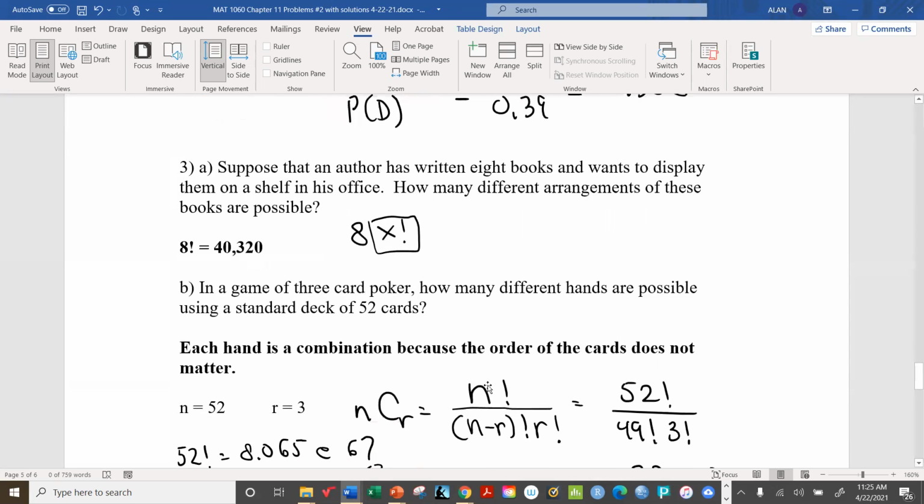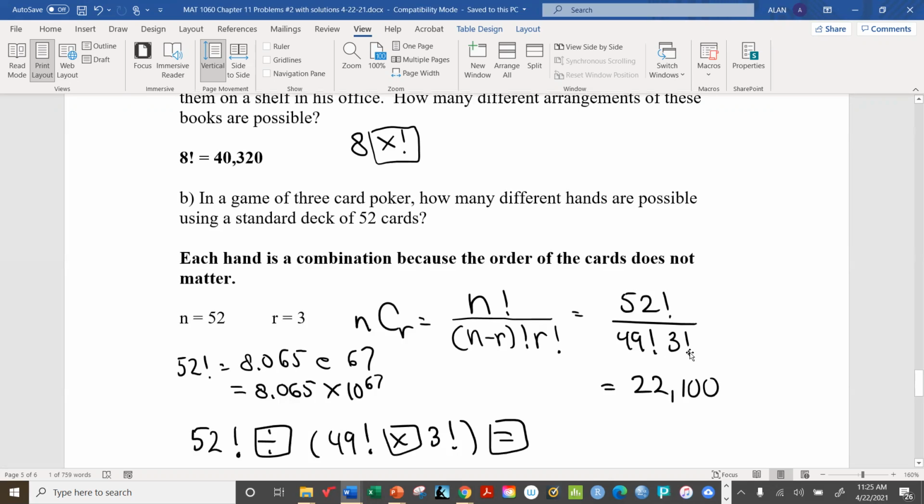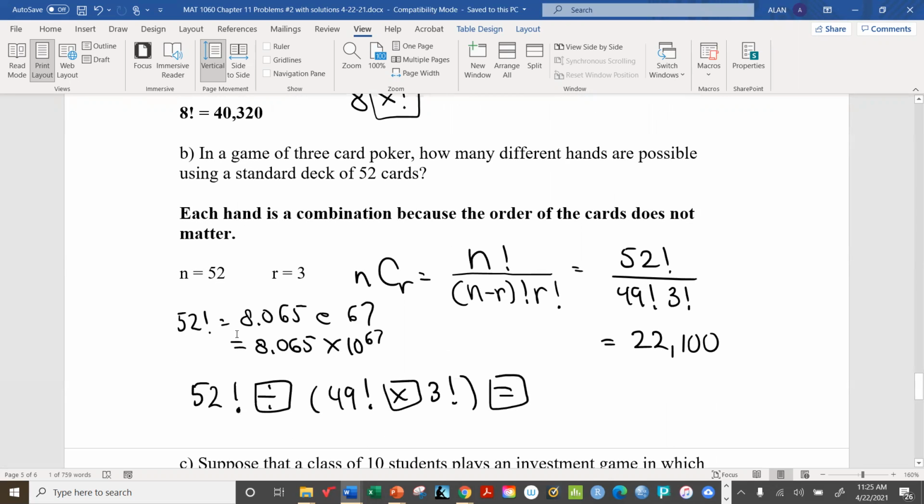So you might recall the formula for combinations is over here. nCr equals n factorial over n minus r factorial times r factorial, where 52 in this case is n, r is 3 because we're picking 3 cards from a deck of 52. Now you can plug these numbers in over here on the right, but with your calculator, you probably should do this. Actually, let me write this a little differently.